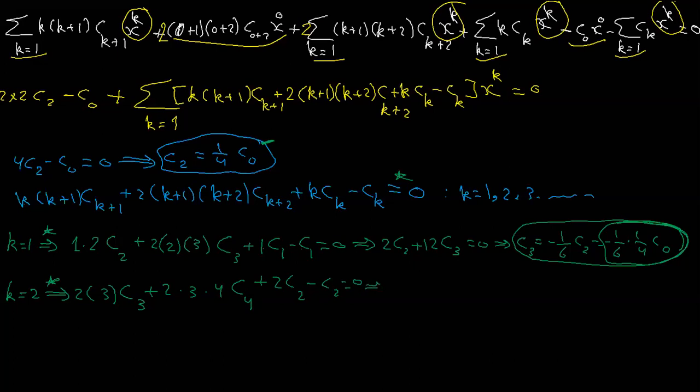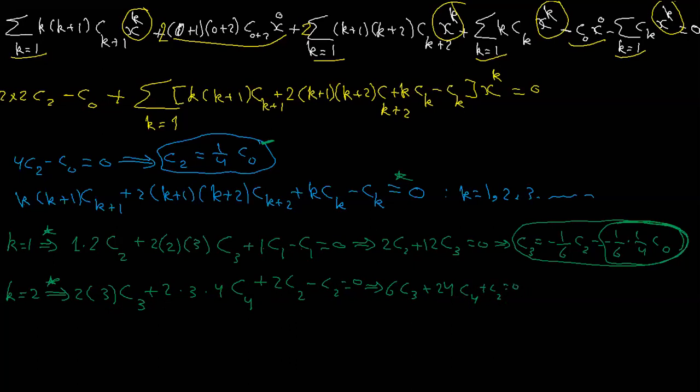Let me check what I should do now. 6C3. Here 2 times 3, 6 times 4, 24 C4, plus here C2 minus C2 leaves a plus C2, equals 0.